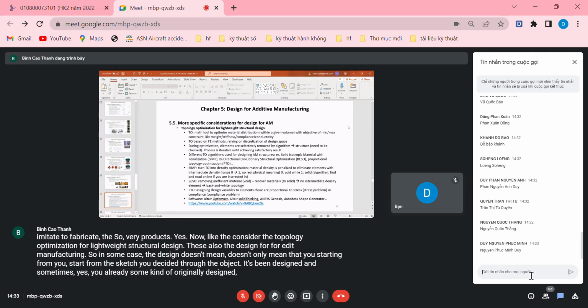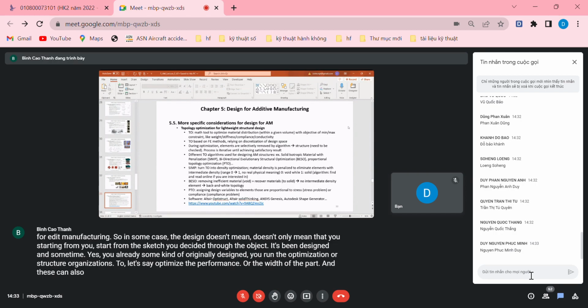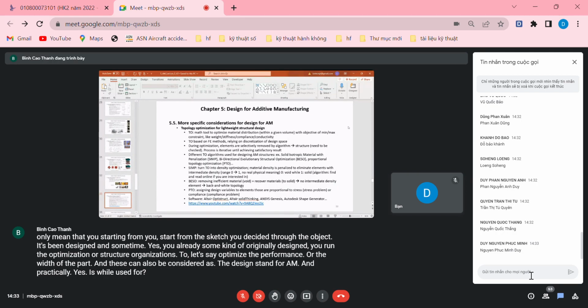You run the optimization, or structure optimization, to, let's say, optimize the performance or the weight of the part. And this can also be considered as the design step for AM. And practically, this is widely used for designing for AM.